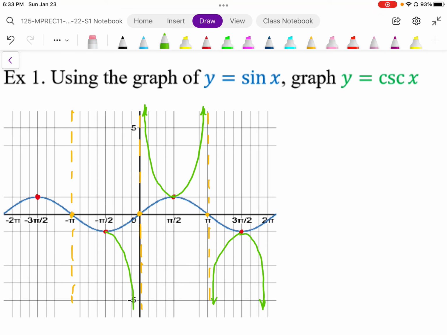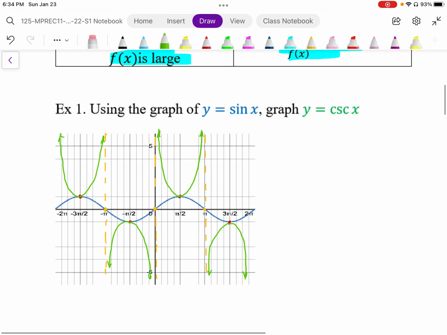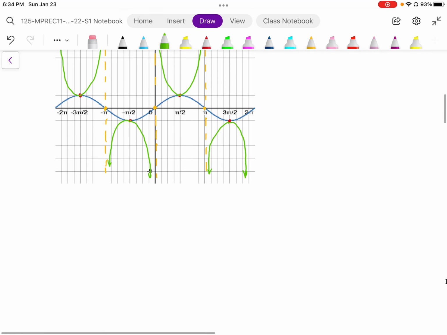Same thing over here. And that's how we get a reciprocal function using those properties. So that's the cosecant graph. It's these U-shaped graphs with asymptotes.